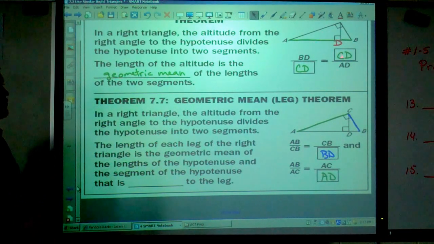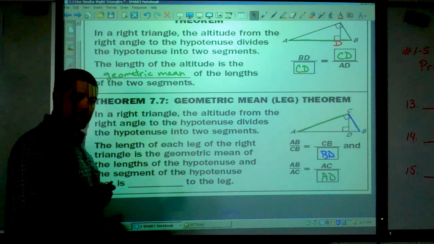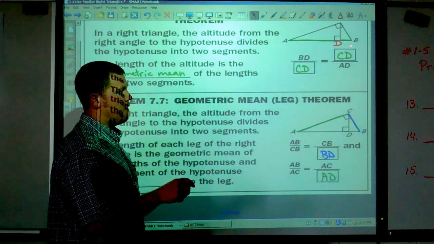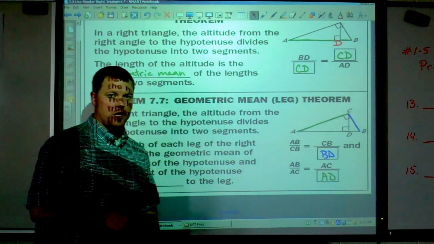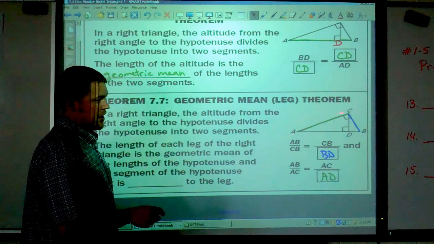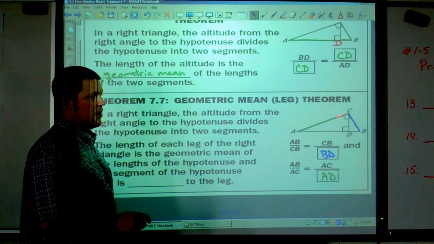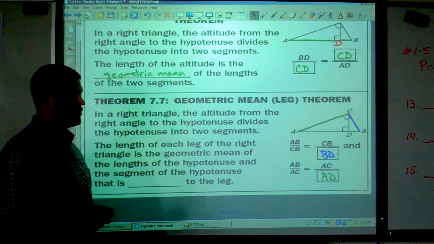So the three altitudes in our right triangles are the geometric mean of some different pieces. The one that intersects the hypotenuse is the geometric mean of those two pieces. The altitudes that are the legs of the right triangle, okay, segment AC and segment BC in this example, are the geometric mean of the hypotenuse and the piece of the hypotenuse adjacent to that leg.